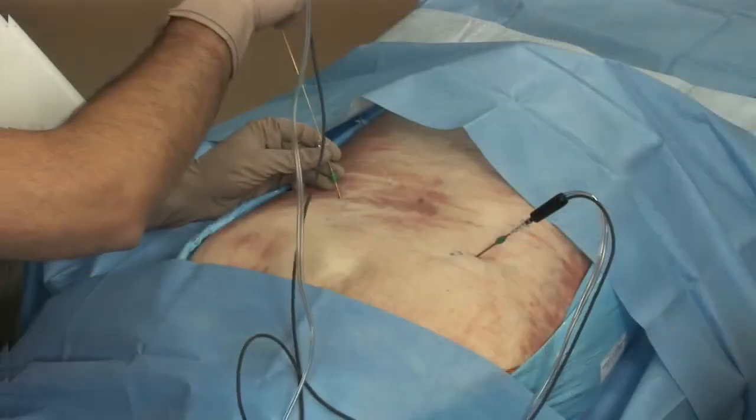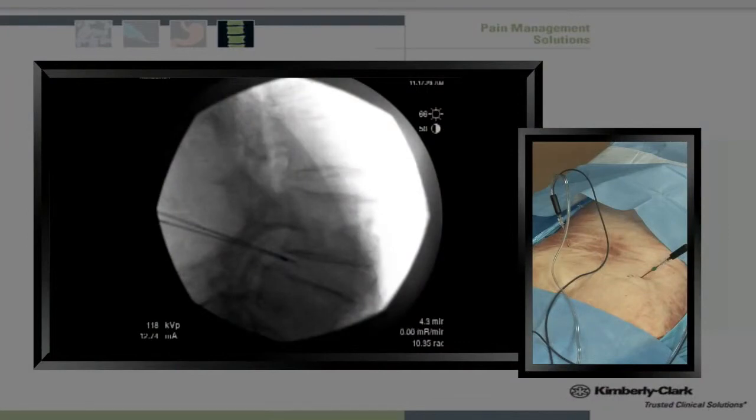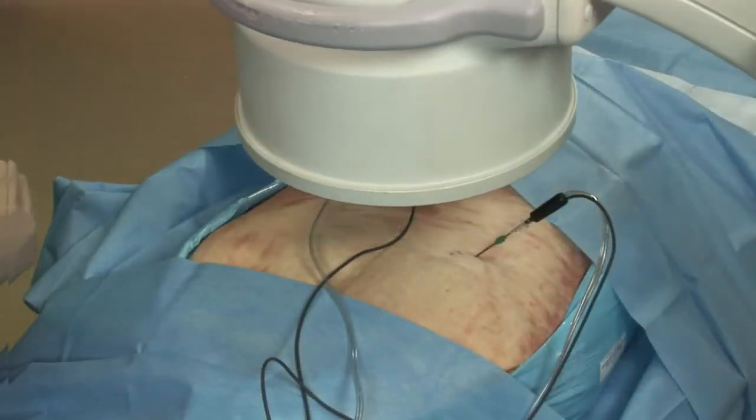Again, under lateral view, you want to ensure that the probes superimpose and that they're at the junction of the ventral 2/3 and the posterior 1/3 of the disc, as they are in this picture. Once you're comfortable with the positioning under lateral imaging, you would then once again return to AP imaging to ensure that the probes were placed appropriately.